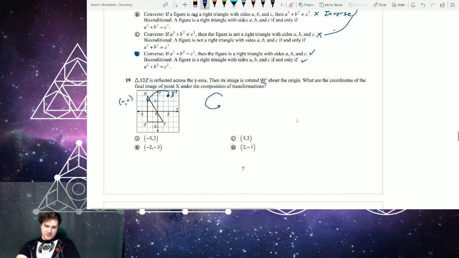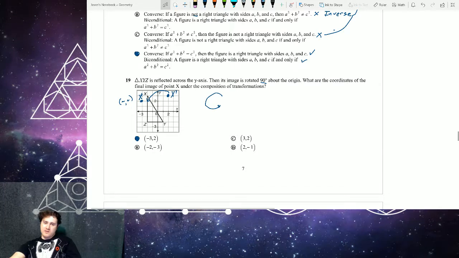The only one that's negative and positive is A. But also, you can just take your paper and turn it to the left. Then you can see where that point's going to be. And it actually goes to the left 3, up to there, is X double prime after you've done both transformations.